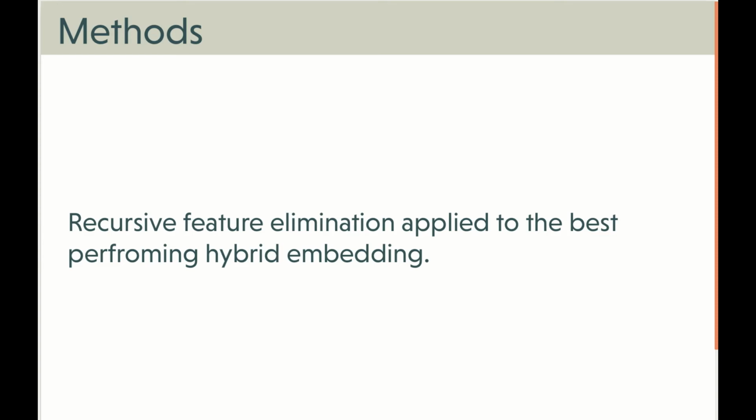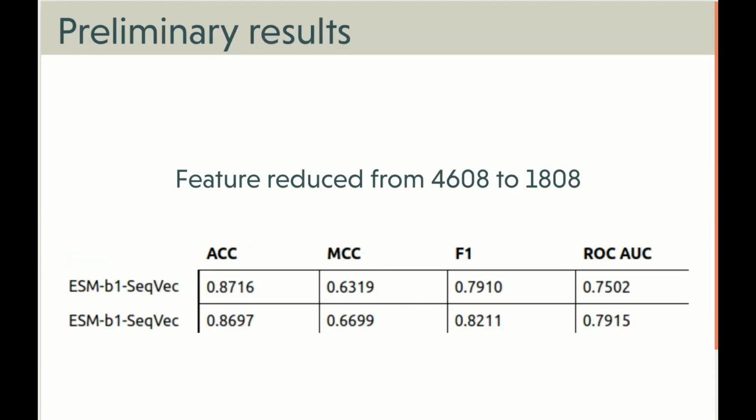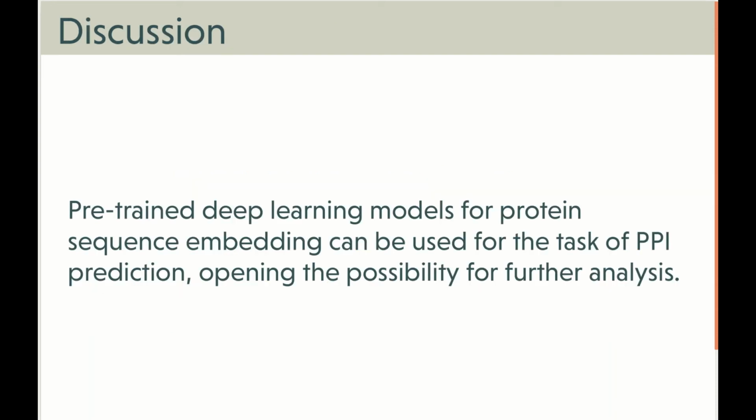We decided to perform a recursive feature elimination, and that was applied to the best performing hybrid, to optimize the number of features contained in the embedding. And with that, we obtained a very huge reduction, starting from more than 4,000 features, ending up with 1,808 features. And we can see in the second row of this table that the performances are even slightly better, just having this reduced hybrid embedding.